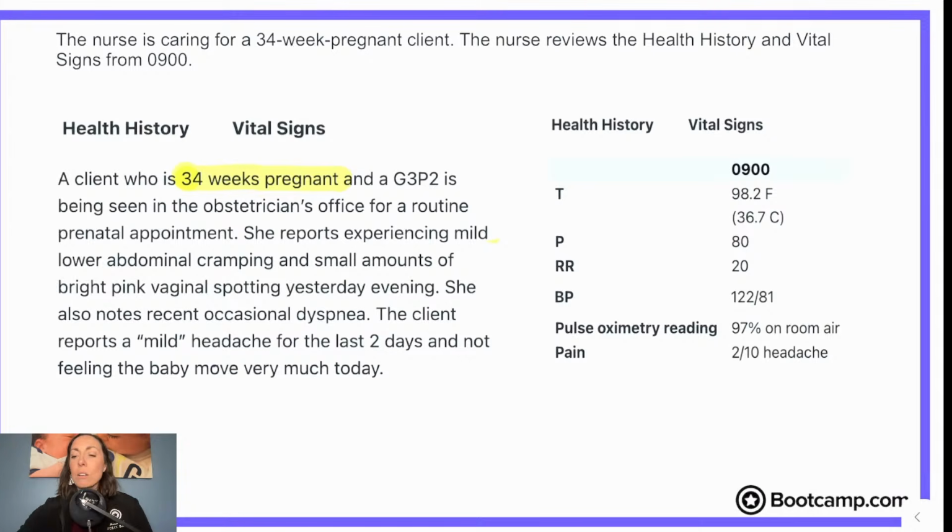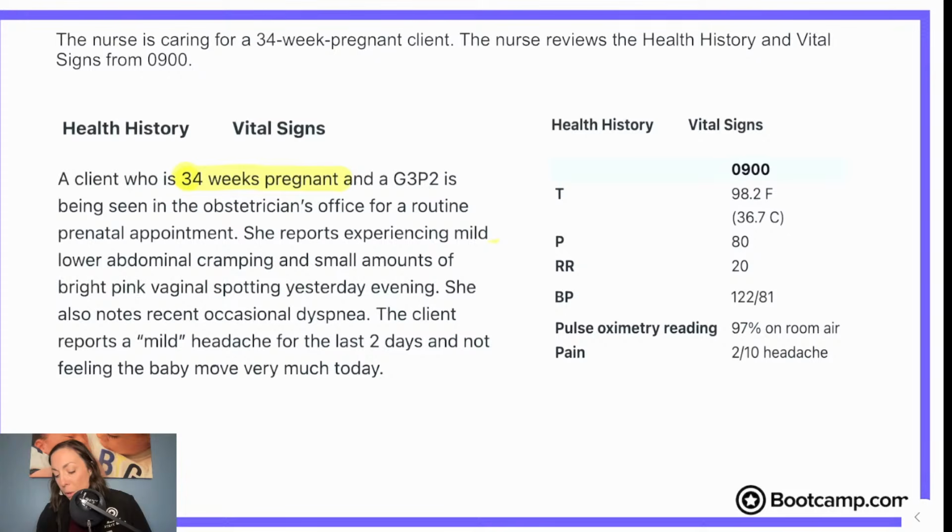There's a little delay, so I'll give you all a second. So we have that she's 34 weeks pregnant. And yeah, so some people are saying baby not moving. I see that that's a concern. Okay. So we know bright pink vaginal spotting, preterm.